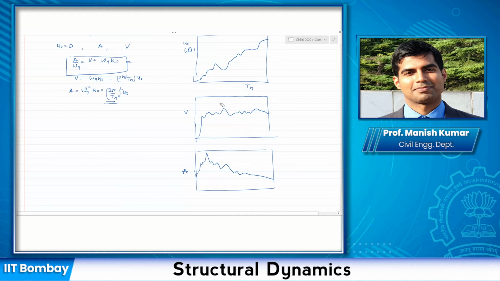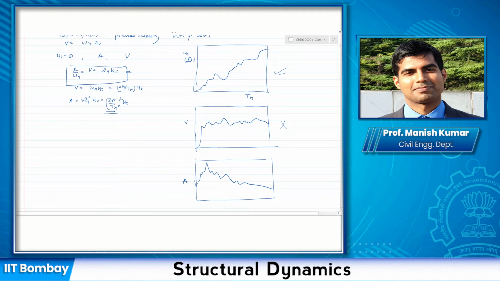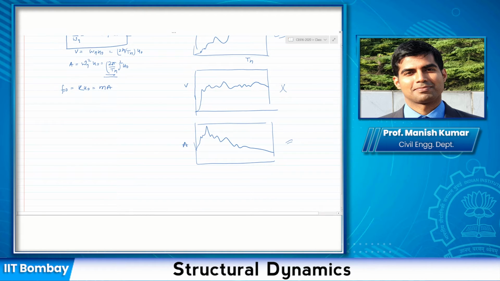Mostly we don't use velocity that much, but we quite extensively use the displacement response spectrum because internal forces are connected to it, or the acceleration response spectrum because F S O can be obtained either as k times U naught or m times pseudo acceleration.